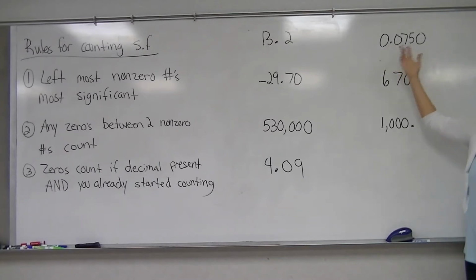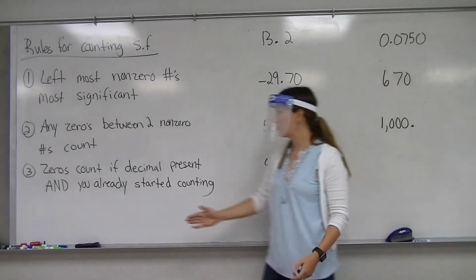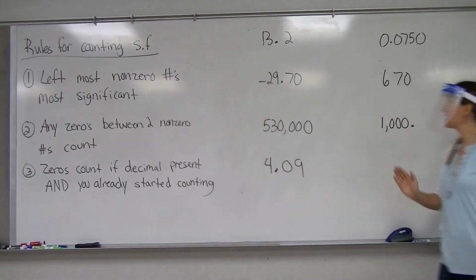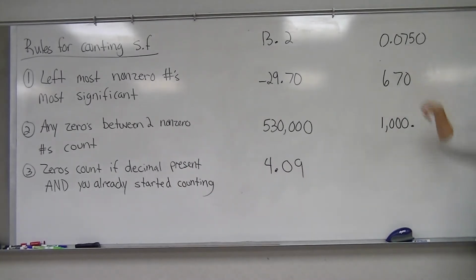Why? There's a decimal point there, but they don't count because we have to have already started counting. We cannot start counting till we get to our first non-zero number, in this case the 7. So the zeros before, no matter if there's a decimal or not, cannot count. Only the zeros after the decimal place, after we've started counting, can count.